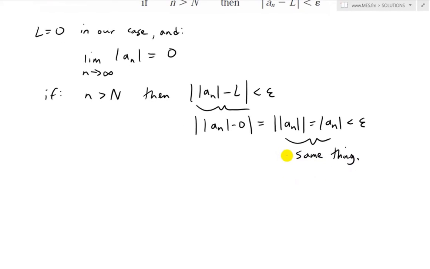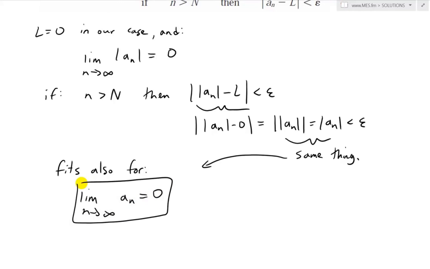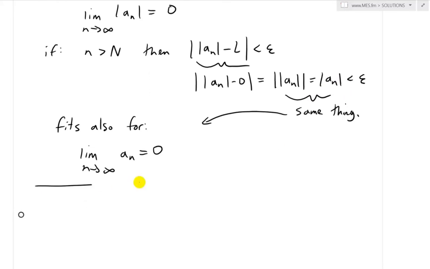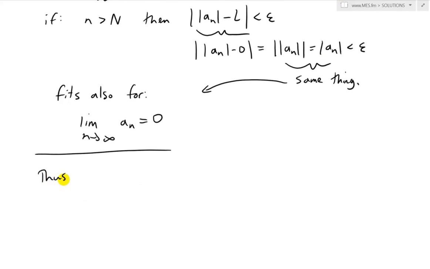So this definition fits also for removing the absolute value sign: the limit as n approaches infinity of a_n equals 0. We have the exact same scenario where n is greater than N, but instead of the absolute value we just remove it. Thus, if the limit as n approaches infinity of the absolute value of a_n equals 0, this also equals the limit as n approaches infinity of a_n. So there's the theorem.